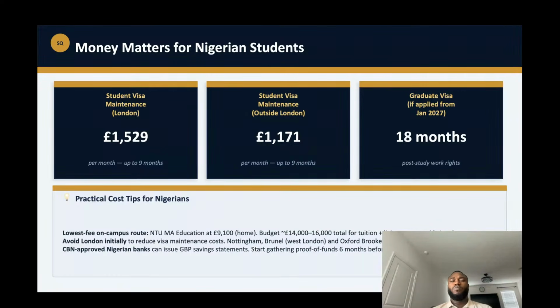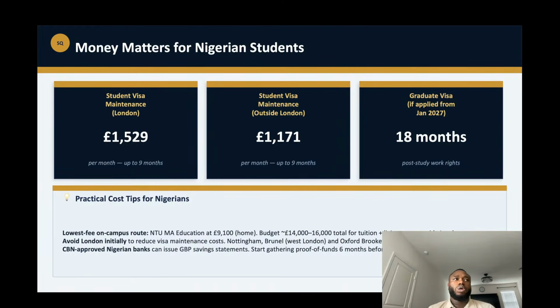So you also want to be very strategic with the location of the school. And this is something we're going to help you do when you reach out to us on WhatsApp. Trained advisors would help you based on your individual situation, because people's situations are different. Based on your unique situation, we're able to advise you on the best university to apply to and the best course to go to.